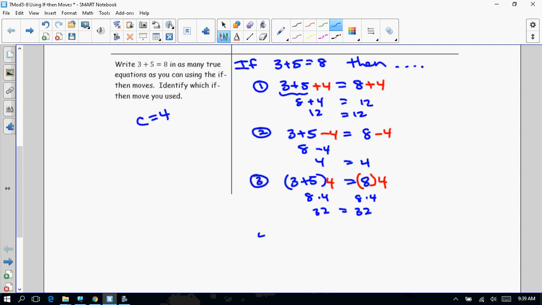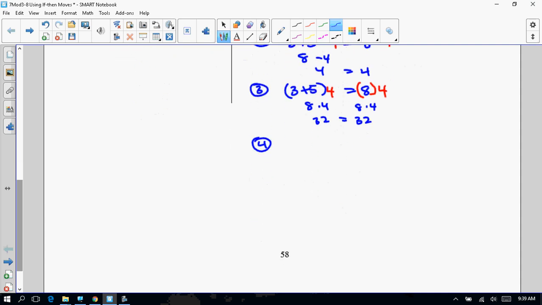That's good. And then let's try the fourth one, in which we were dividing. So if I take 3 plus 5 and divide by 4, I'm going to write it as if it looks like a fraction, just because I find that to be easier. 8 divided by 4. And again, I can set this up as 8 over 4 equals 8 over 4. In this case, they both equal 2.